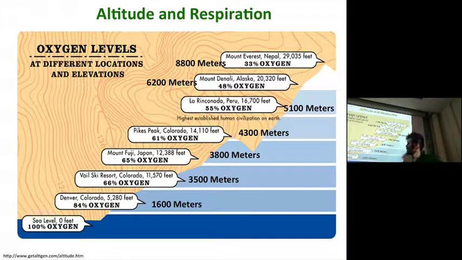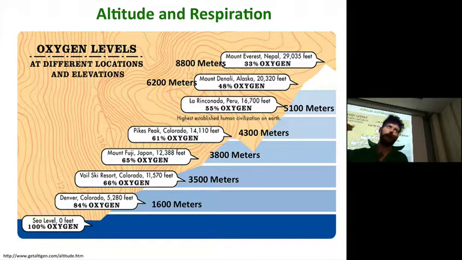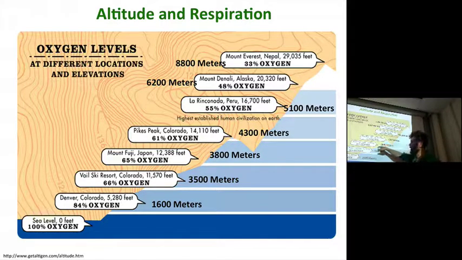So depending on altitude, the partial pressure of oxygen changes. This is why elite runners will go up into mountains and train, because they are in a reduced oxygen atmosphere.